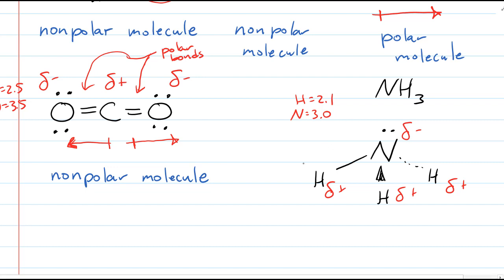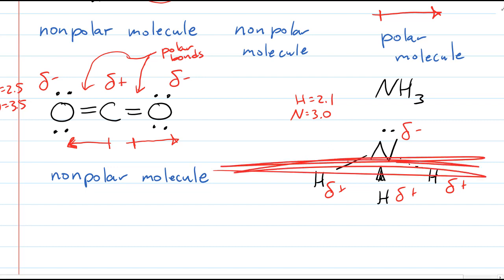Yeah, we can, because all we need to do is go right through here. We have all the partial positives, which here are in contact with the table. They are on a different plane than the nitrogen, which sits up above the plane.